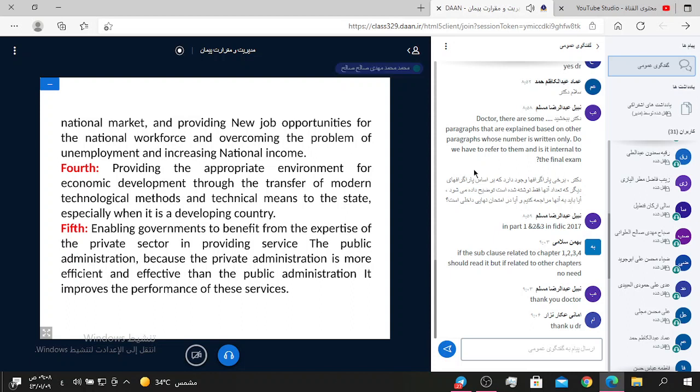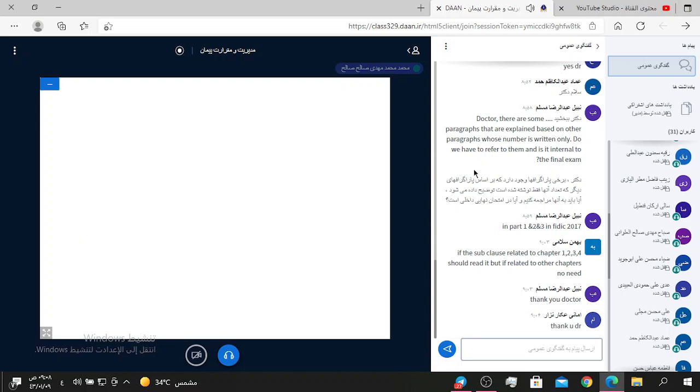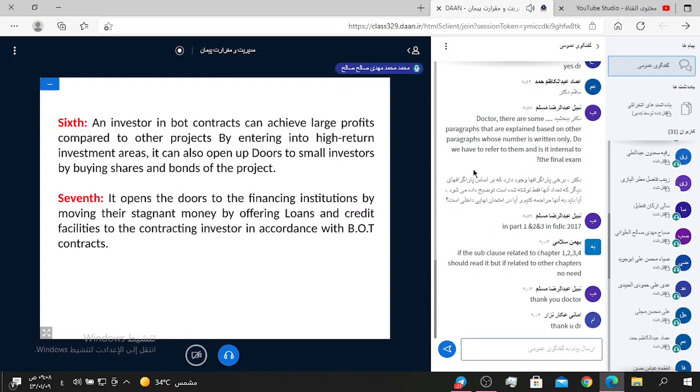Six. An investor in BOT contracts can achieve large profits compared to other projects by entering into higher return investment areas. It can also open up doors to small investors by buying shares and bonds for the project.